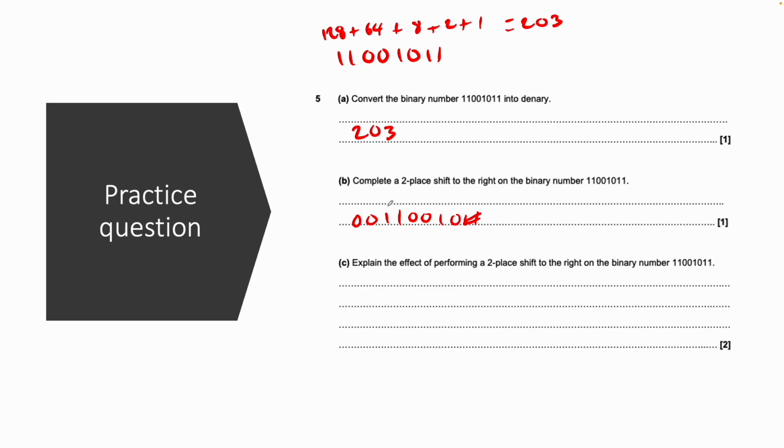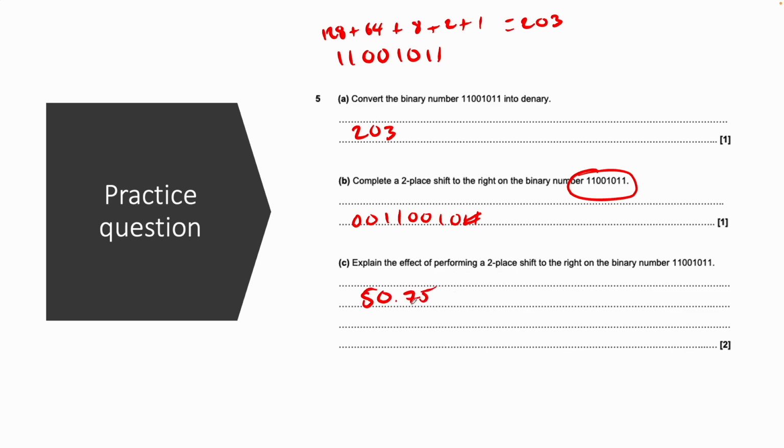Okay. Lastly, we've got explain the effect of performing a 2-place shift to the right on the binary number 11001011. So if you work this number out, this one here, that's 203. Okay. If you move everything to the right 2 places and work that out, that would be 50.75.